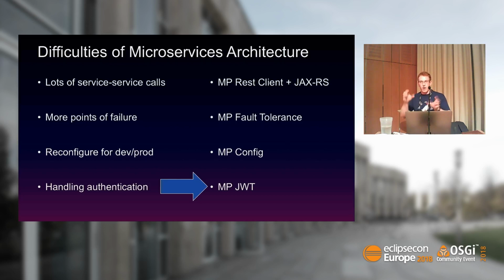And if they all had to check one centralized authentication service on every single operation, that would be very bad, and it just simply wouldn't scale. So MicroProfile JWT helps to reduce the stress you have on your authentication service, and safely and reliably pass authorization state through your system.